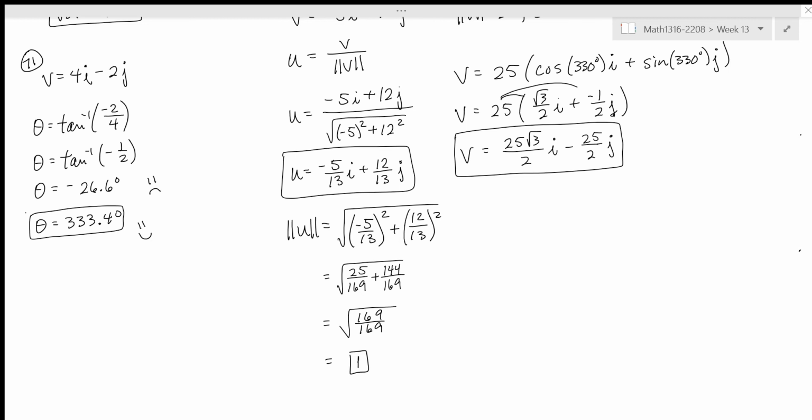Now, let's prove it. So to graph this vector, do y'all remember I said that the i component is the x component of the vector? So if I start at the origin, if I say the origin is the initial point, then the terminal point is going to have to be over 4 and down 2.